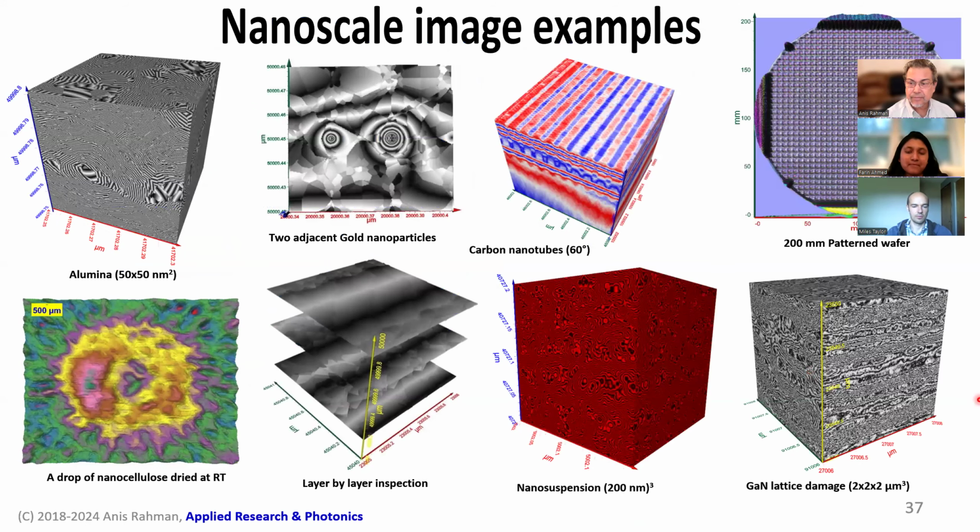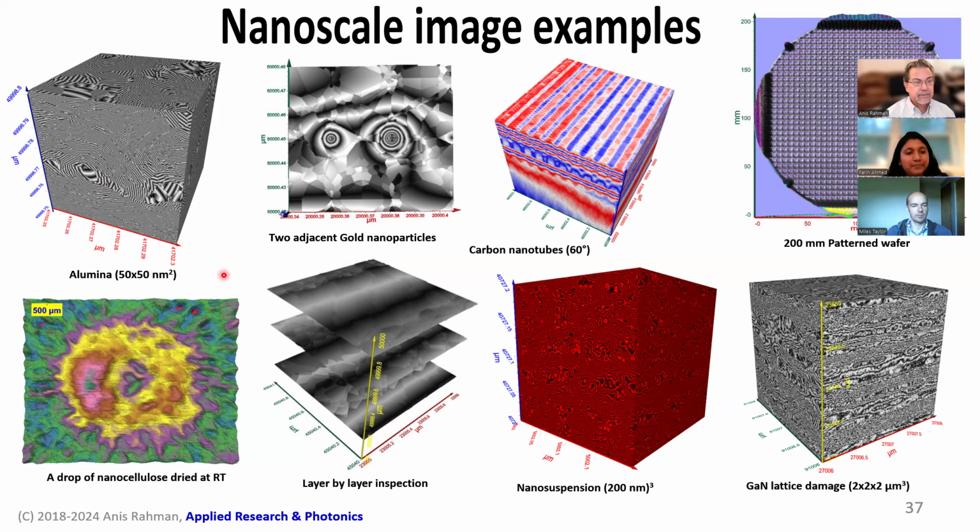Here are a few examples of different kinds of measurements that were done. Not just that it looks pretty, the more important thing is that we do the measurement with these images. So on the left is an alumina.